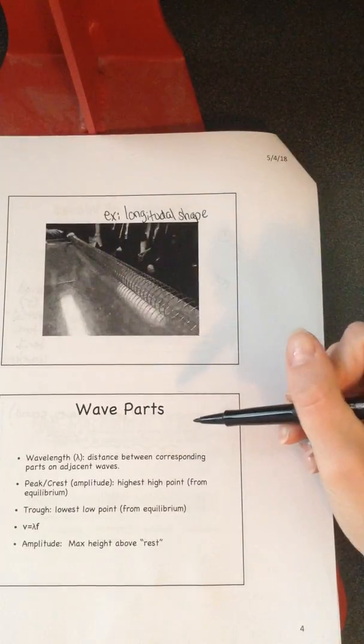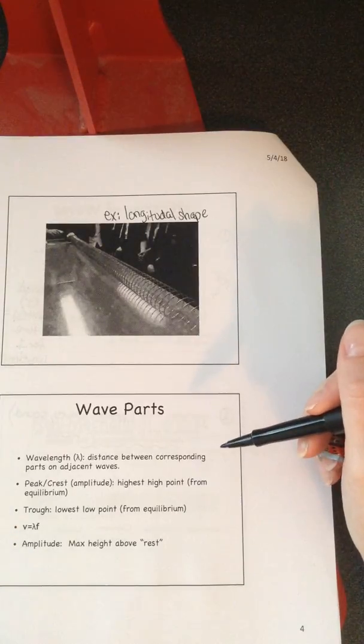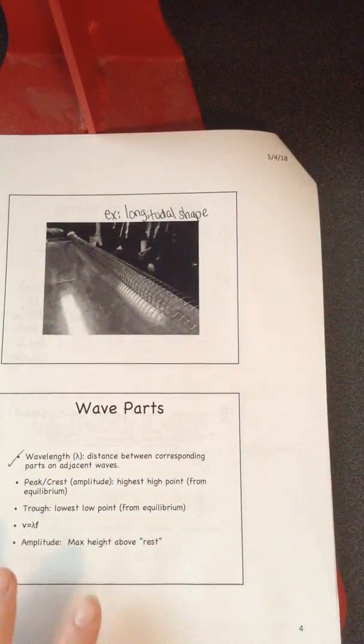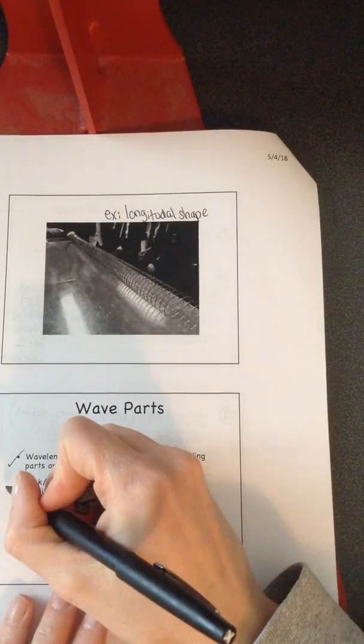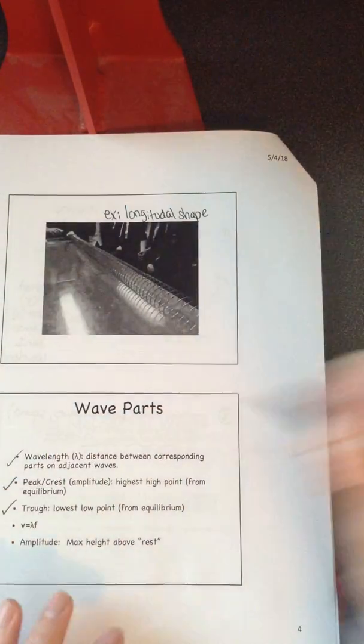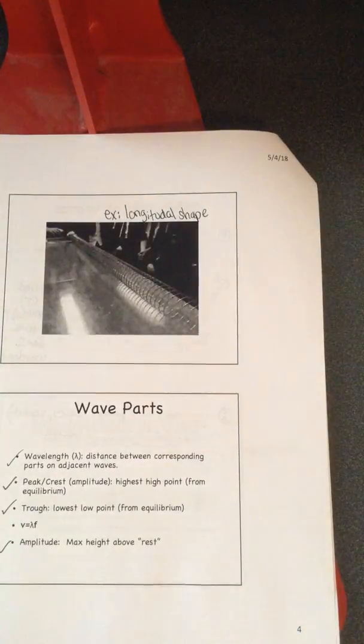Okay, so to summarize these wave parts that I just talked about a couple slides ago, we talked about the wavelength, which was the distance between corresponding parts on adjacent waves. I showed you the crest, which is the highest point. I showed you the trough, which is your lowest point. I showed you the amplitude, which is your max height above or below the rest position.